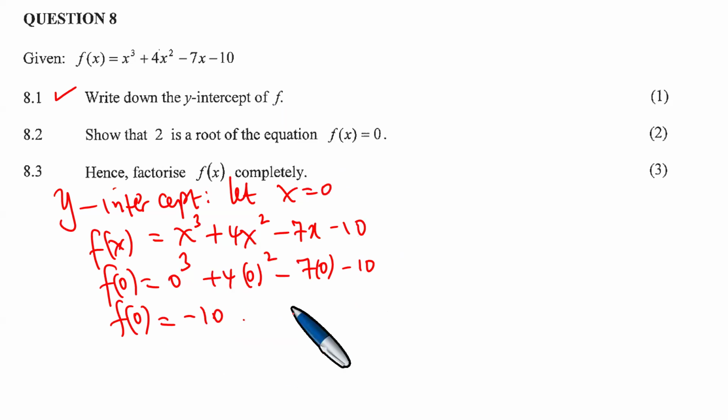This is our intercept, minus 10. As a consequence, we can write that when x is 0, y is minus 10, and this becomes the y-intercept. It can be written as a point with a set of coordinates, both the abscissa and the ordinate written.